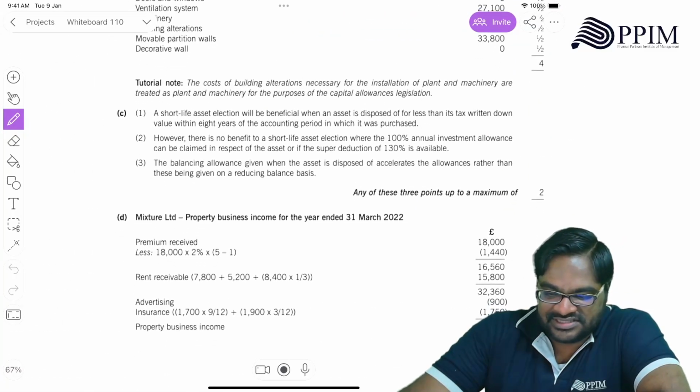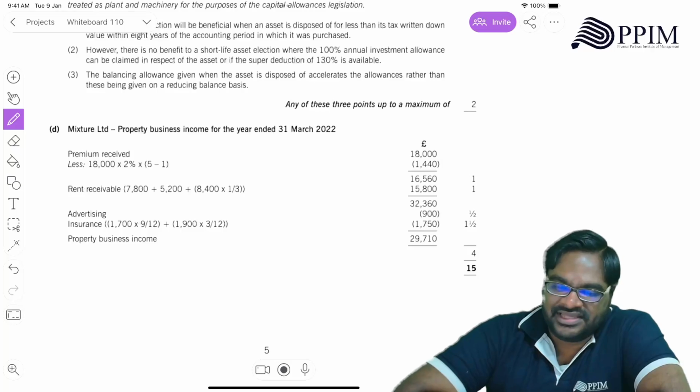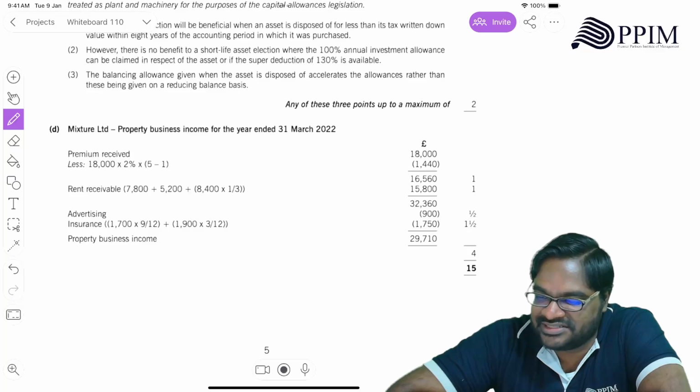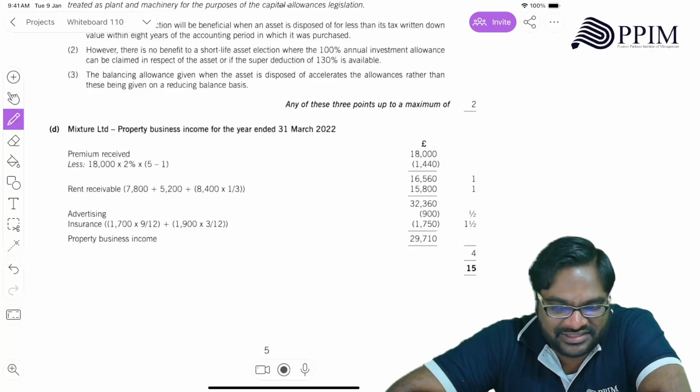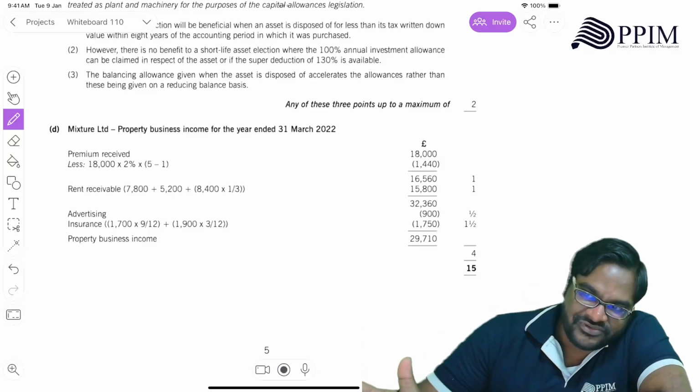So if I check what they have done, 18,000 minus 18,000 into 2% into 5 minus 1, 1,440. So the full amount, 16,560 they have taken. Rent received, first 2 quarters they have taken fully.